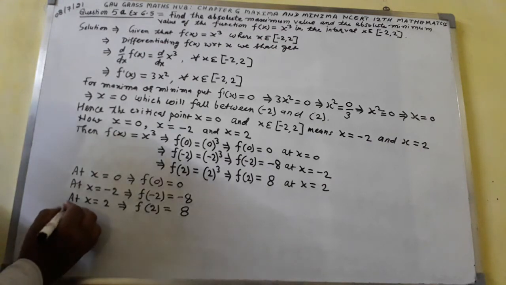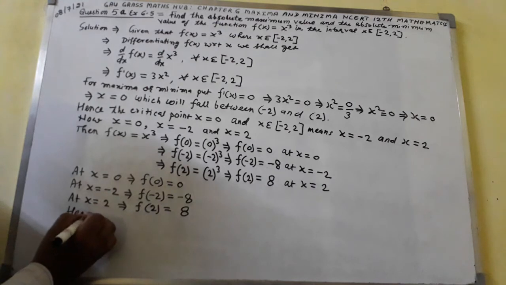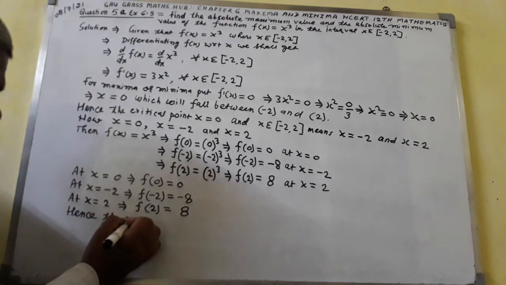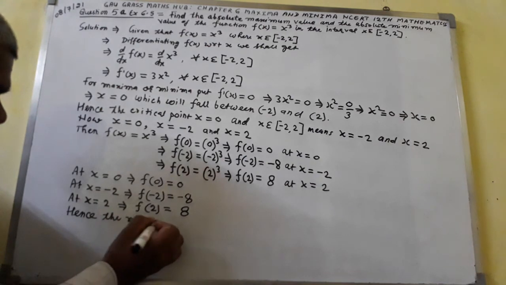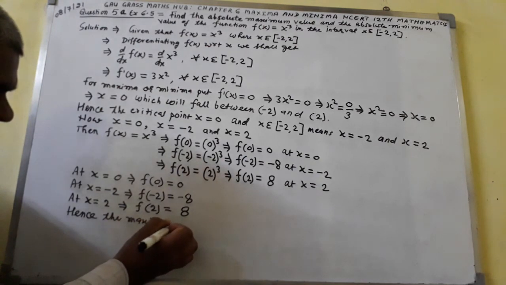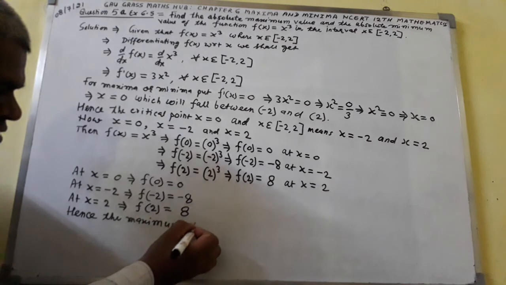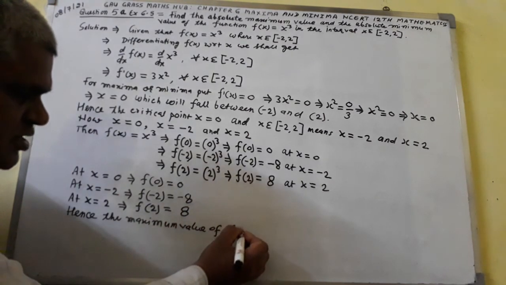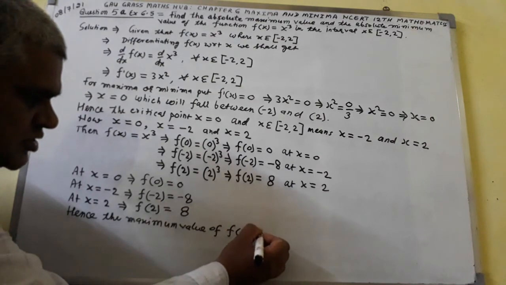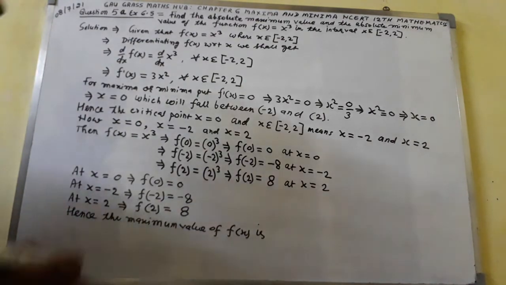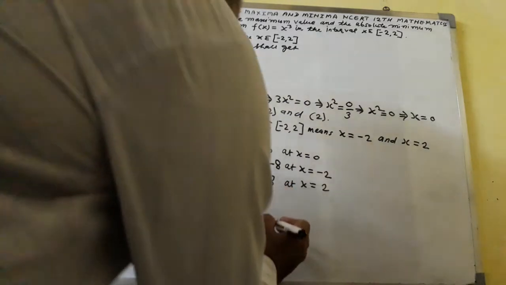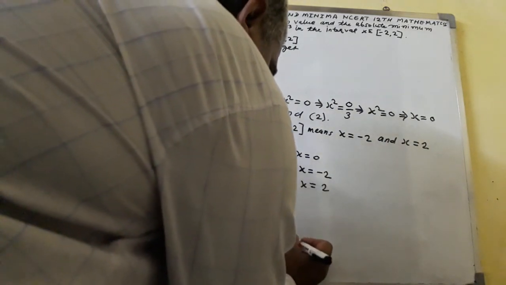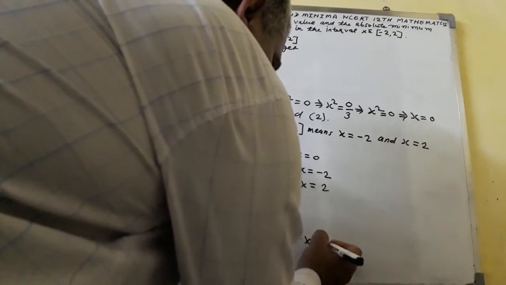Hence, the maximum value of f of x is 8 at x equal to 2.